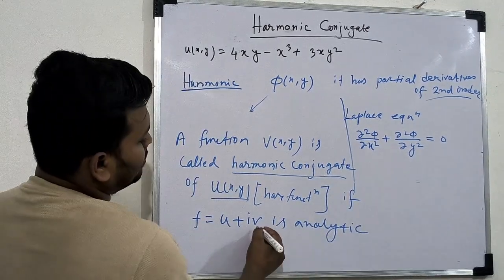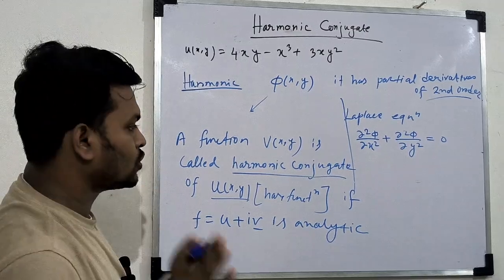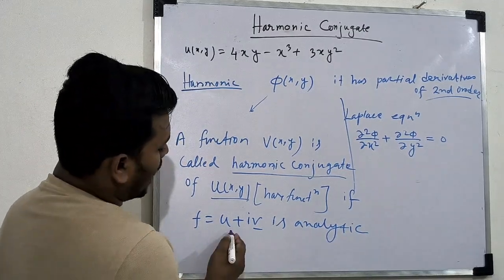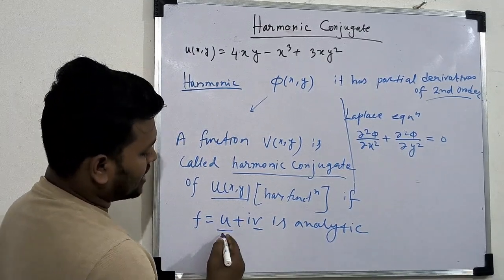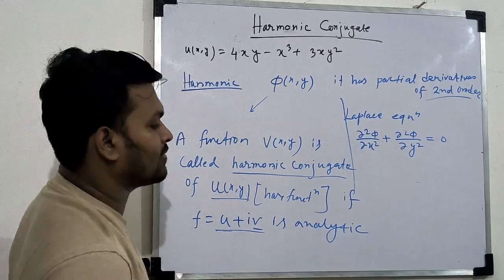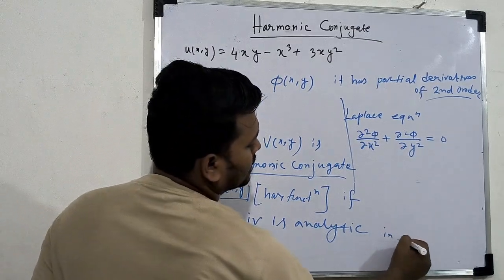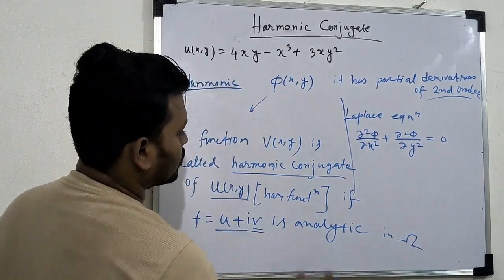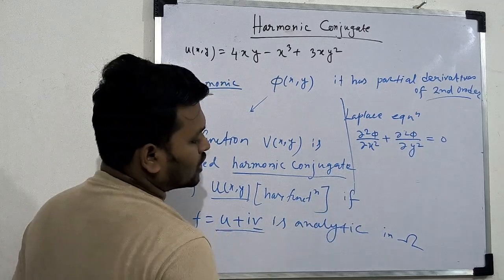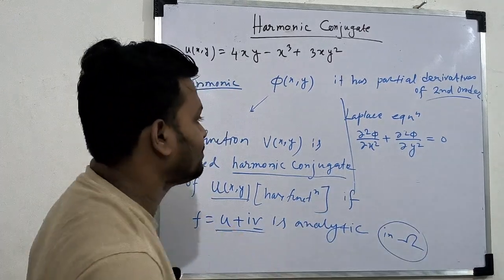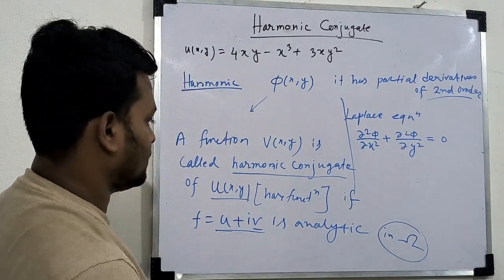So v will be the harmonic conjugate of the harmonic function u if u plus iv is an analytic function in a domain, and also the harmonic function and its conjugate are all defined in this domain. This is the definition.